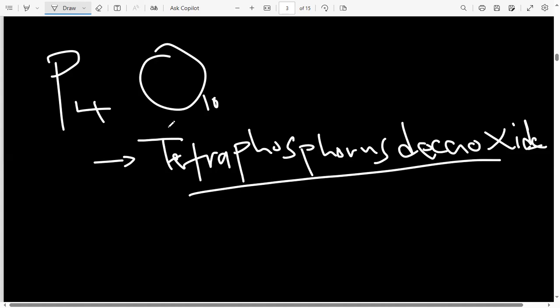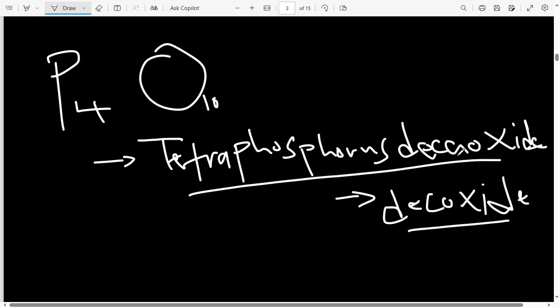Because we're supposed to omit the A. So you can drop this one here, and it's correct if you drop it. So you can also write this as tetraphosphorus, just like I explained earlier, decoxide like this. Both this one and this one are accepted.